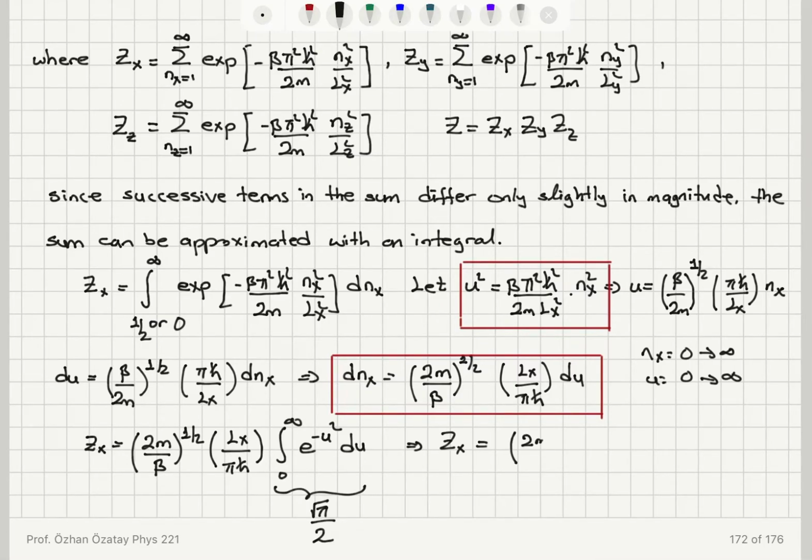2m pi divided by beta to the power 1/2, Lx over 2 pi h bar.